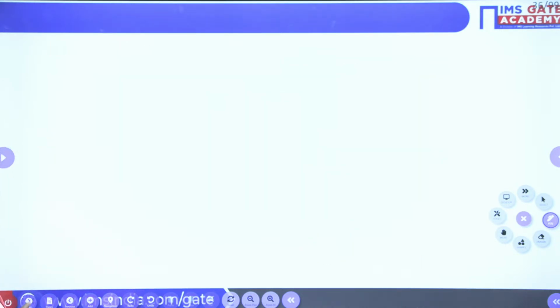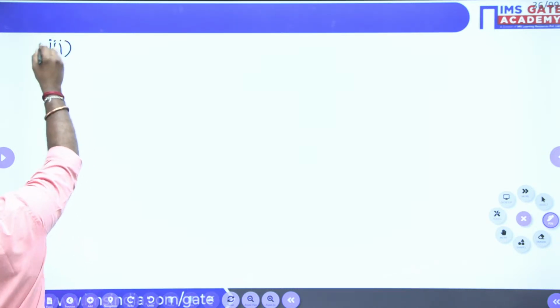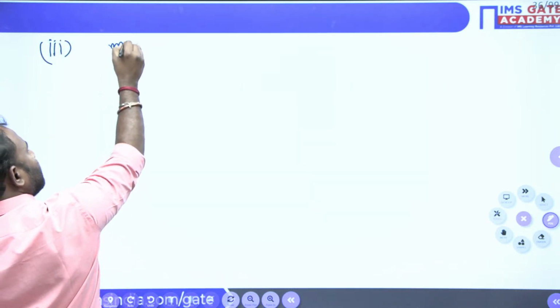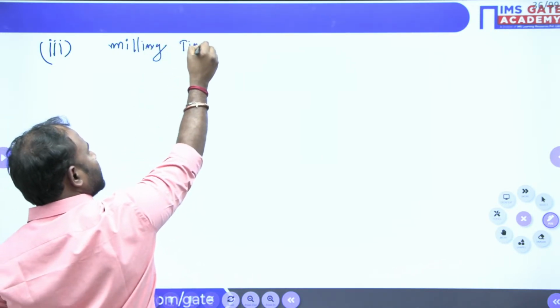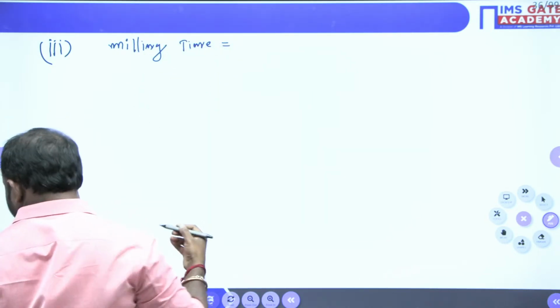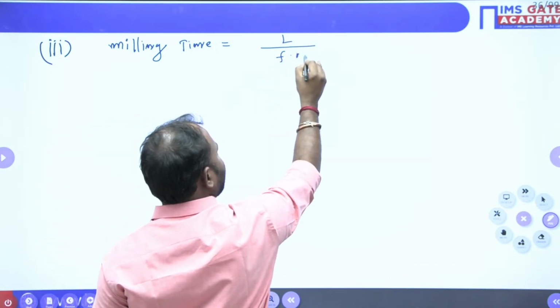Next is milling time. Milling time we have to find. Milling time equals L by Fm.